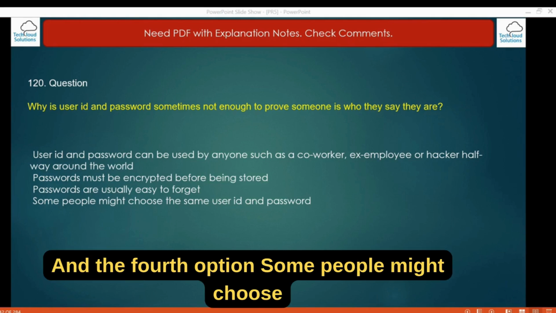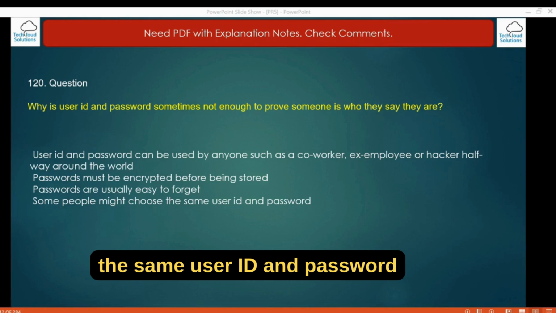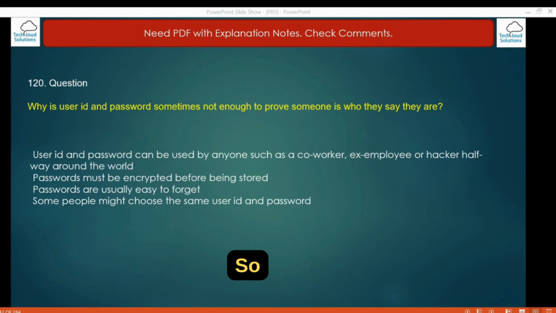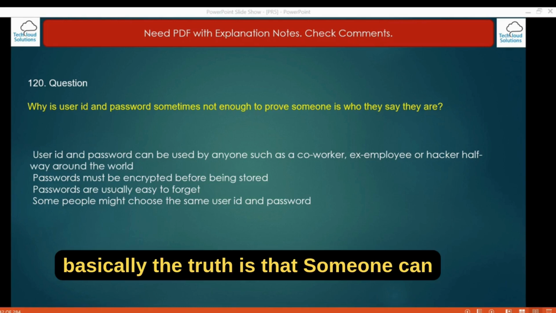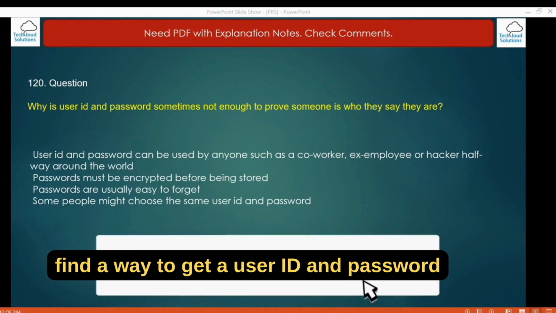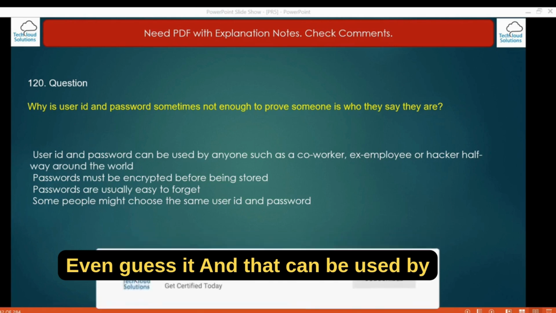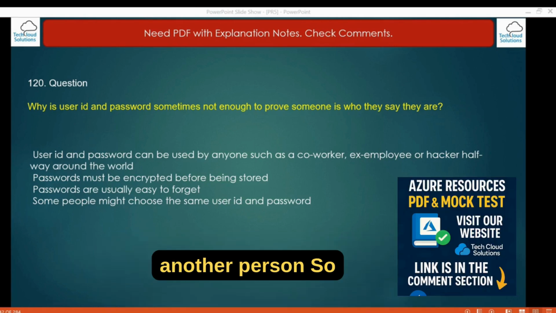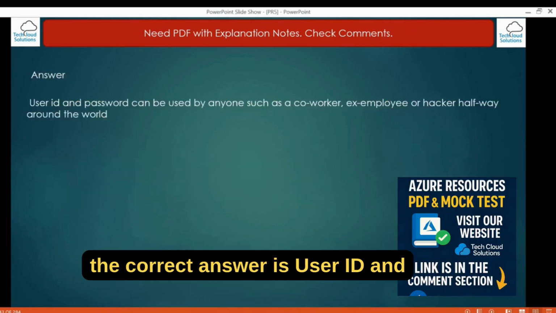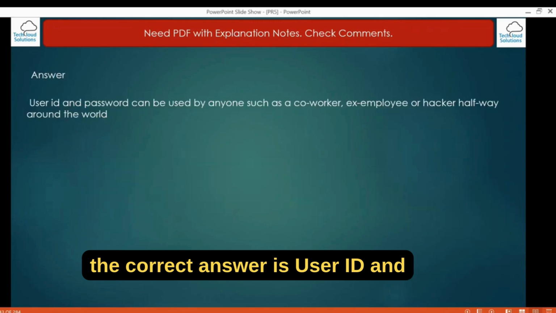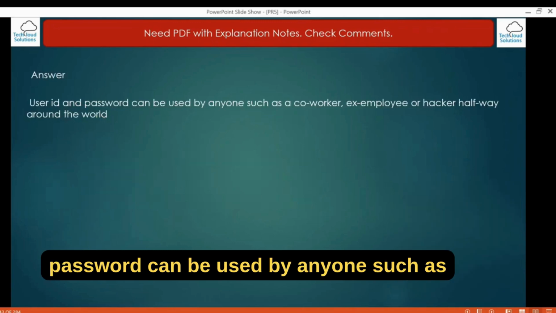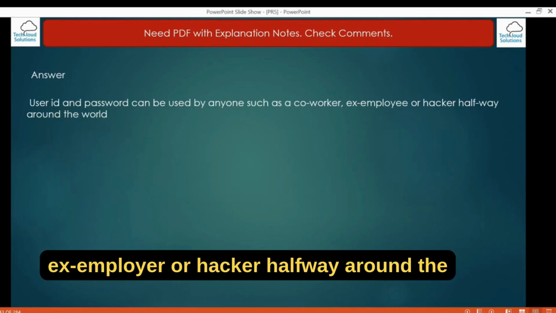And the fourth option, some people might choose the same user ID and password. So basically, the truth is that someone can find a way to get a user ID and password, even guess it, and that can be used by another person. So the correct answer is user ID and password can be used by anyone such as a coworker, ex-employee or hacker halfway around the world.